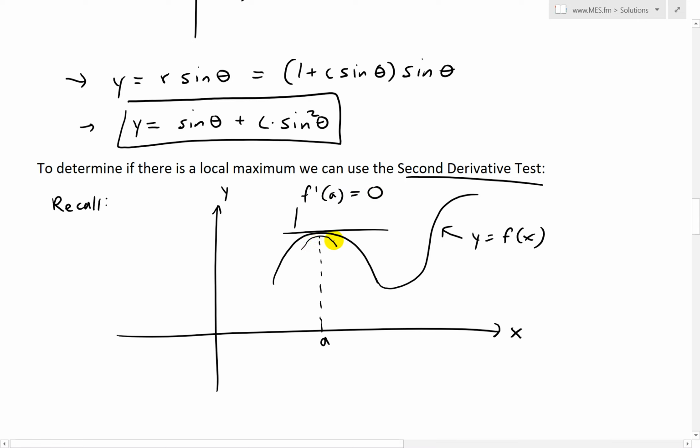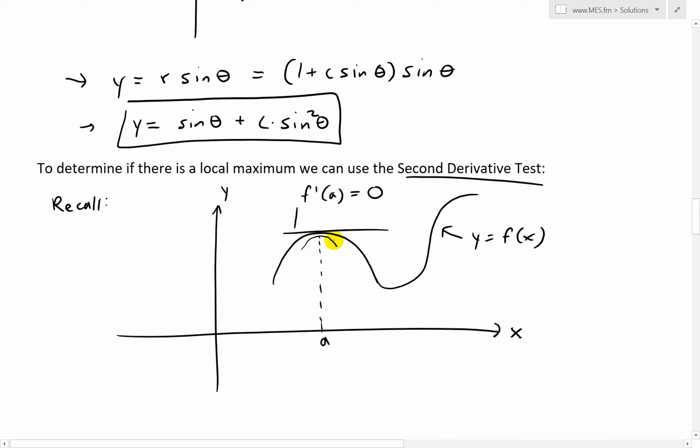Thus we need to find c values where dy over d theta, again just a derivative in terms of theta, works the same way as if we were working in regular Cartesian or polar coordinates. For example, as you're rotating across this way, we want the exact same thing.